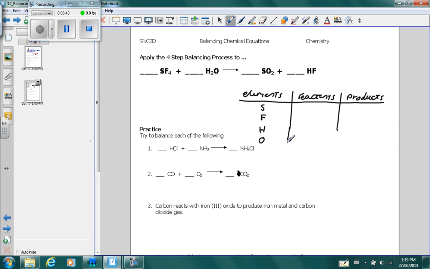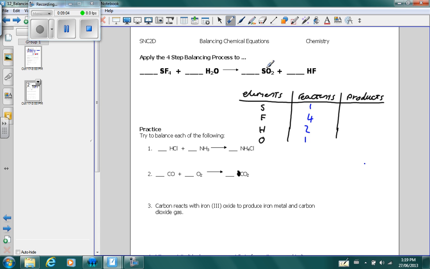Those are my different elements there. Just reading sulfur, fluorine, hydrogen, oxygen. No particular order, it's just the first ones that I see. I'm going to write down now the number of, in the reactants I have 1 fluorine, 1 sulfur, 4 fluorine, 2 hydrogen, 1 oxygen.